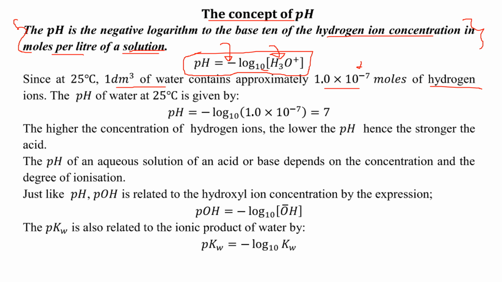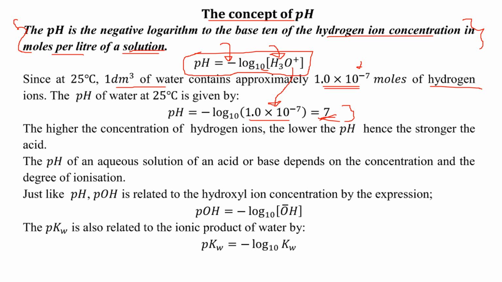Now since the concentration of hydrogen ions is 1.0 × 10^-7, we substitute it in this formula for calculating the pH of water. If you put this in your calculator, you end up with 7, showing you that the pH of water is 7, and according to the pH scale, 7 is a neutral level. That means that water is neutral.